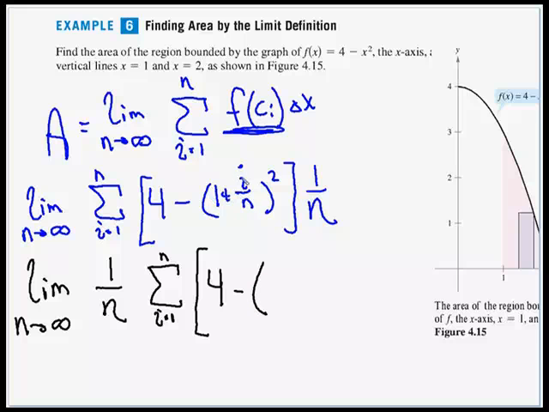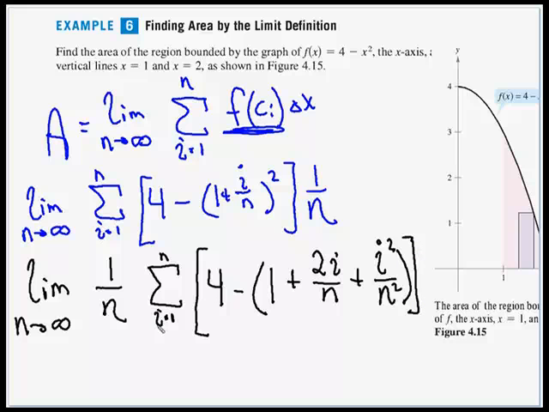This is 1 plus i over n quantity squared. Well, if we FOIL it, we're going to have 1 times 1 is 1, plus i over n plus i over n is 2i over n, plus i over n times i over n is i squared over n squared.